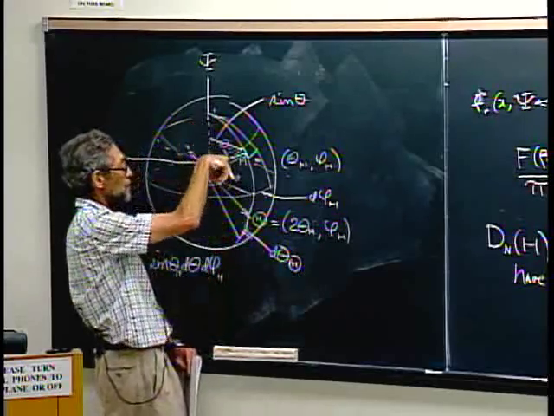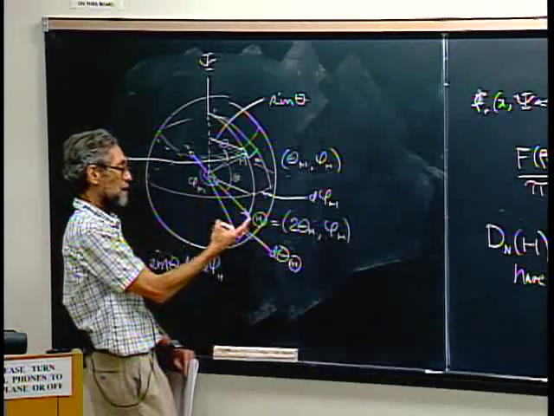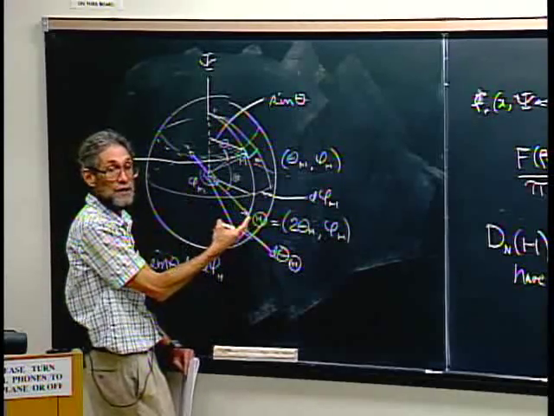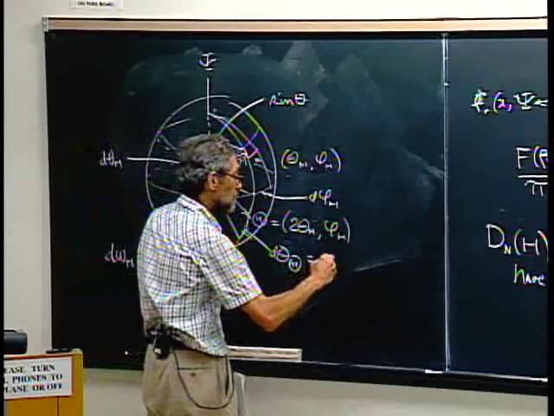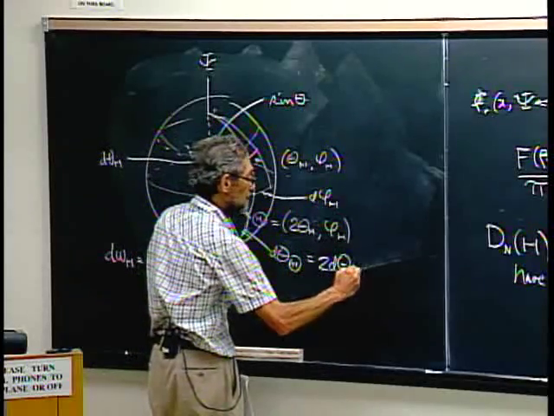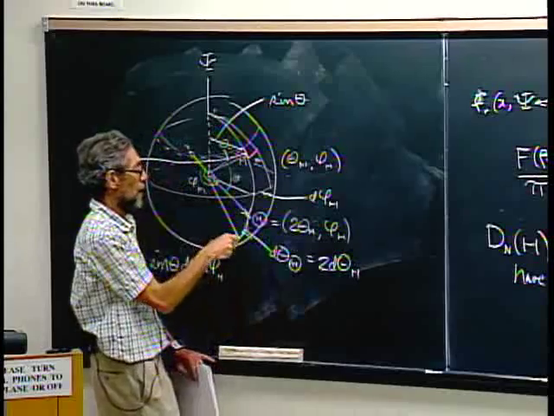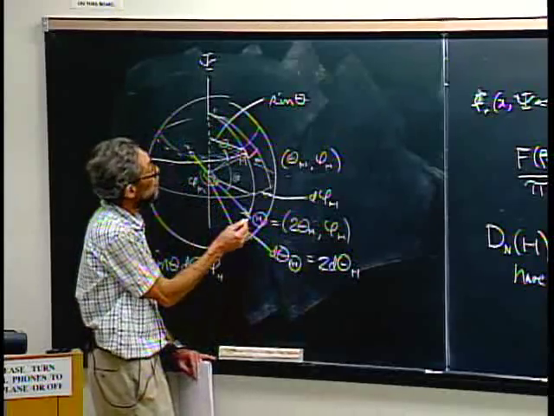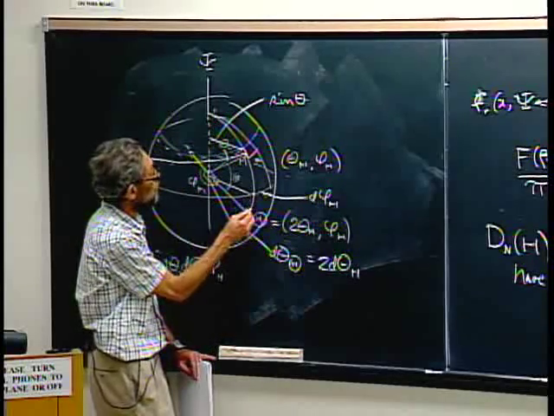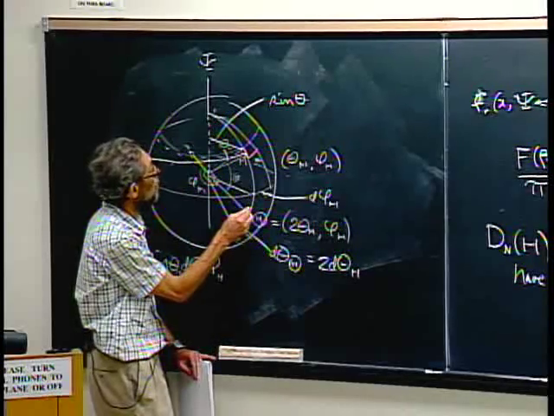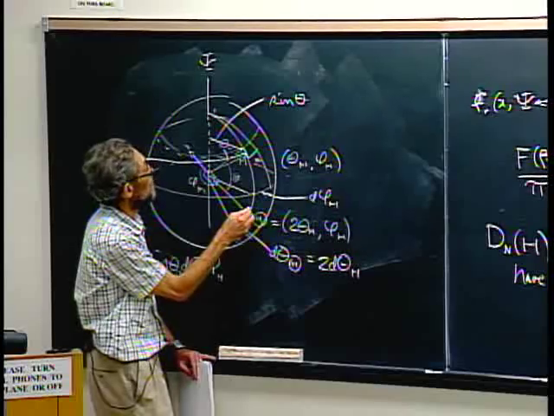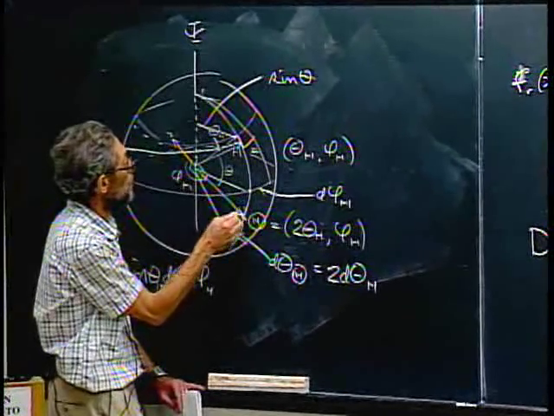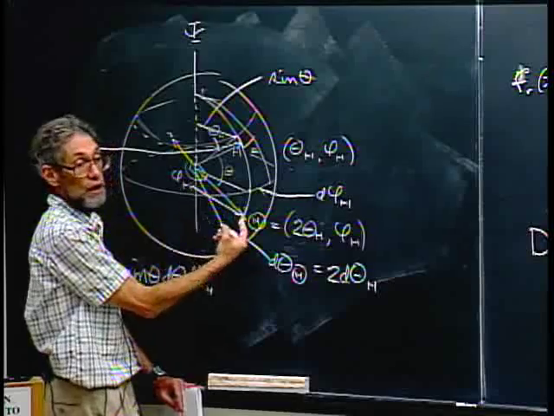Lowercase theta measures this angle, and capital theta is the outgoing reflected direction. That's 2 d theta h, because this angle was double that one. But what we need to know is, what's the radius here in the same plane, right? Perpendicular, measured here.